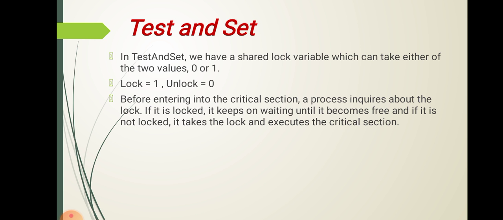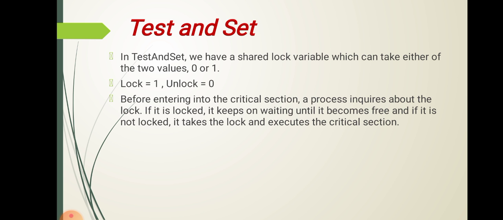Now, some operating systems offer a lock function. Test and set is going to set the lock value, where lock is nothing but a variable. So a process is going to acquire a lock.